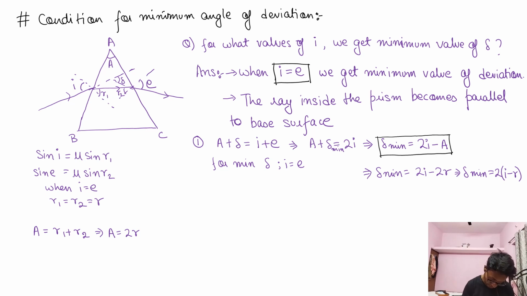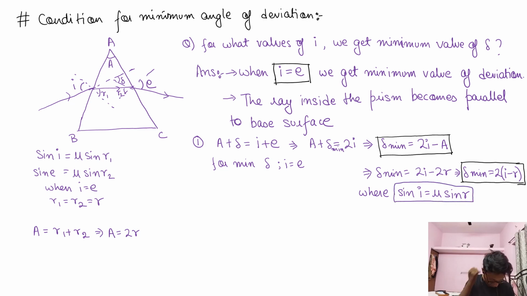Now my question is, what is the relation between I and R? The relation between I and R is given by Snell's law. Sin I is equal to mu sin R1, or sin I is equal to mu sin R. So always remember, sin I is equal to mu sin R. Now you can substitute any relation that is given in the question according to your convenience.